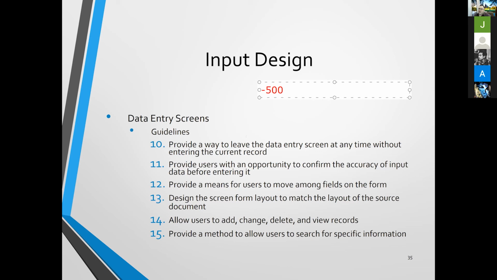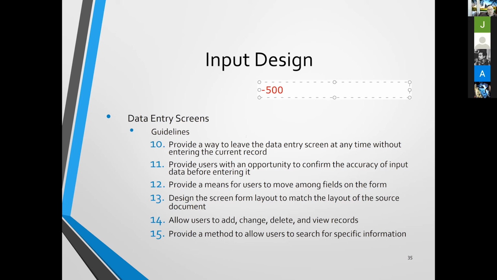If you have a form on paper that users have to fill up manually, once the data entry person has to key it in, the form on the screen should look similar to this, so that they can enter the data easily because the screen and the paper are similar. So it makes the data entry person finish the task quicker, and it helps them to enter the data correctly.